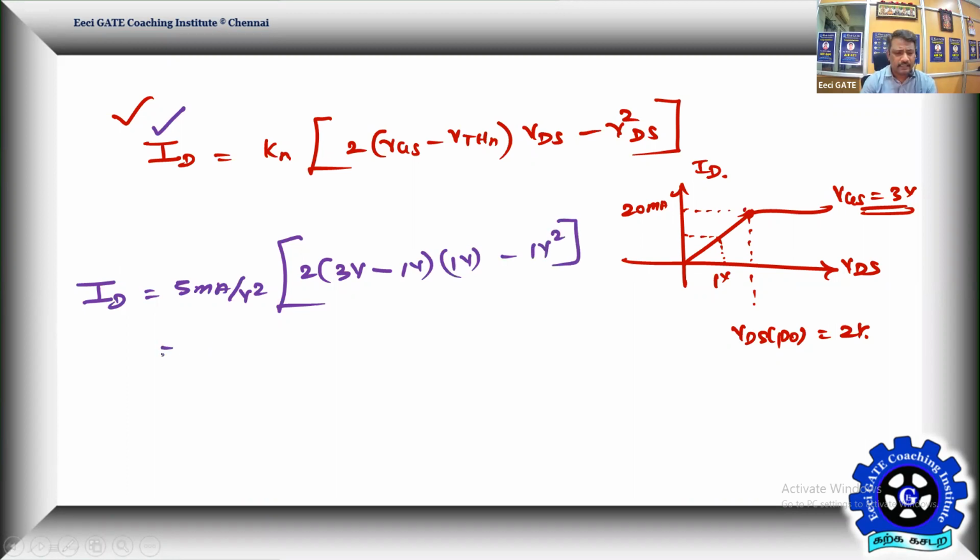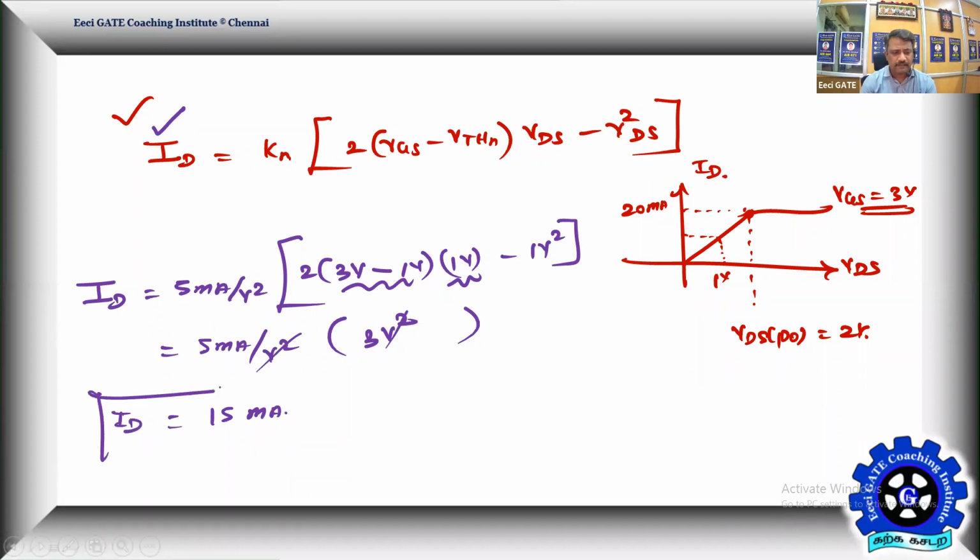So then the net result is going to be 5 milliamps per volt square into the remaining volt square, which is 2 volt into 1 volt. It is going to be 4 volt square minus 1 volt square. The result is going to be 3 volt square. So then volt square will get cancelled. The result is going to be 15 milliamps. So ID is 15 milliamps.